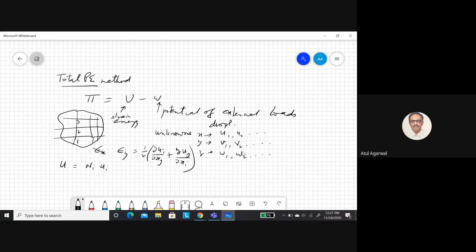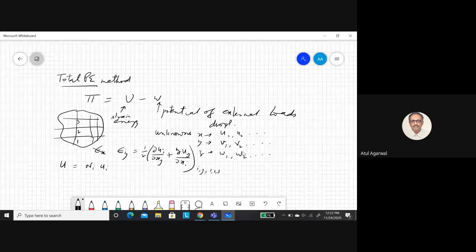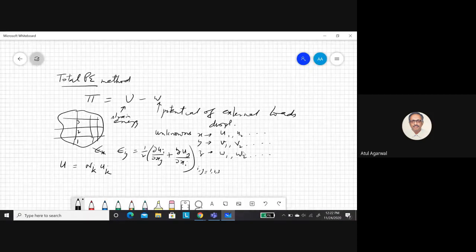These i and j are 1, 2, 3. Let's call it K, where K is the number of nodes in the element. So you can find your strains. Epsilon xx will be.